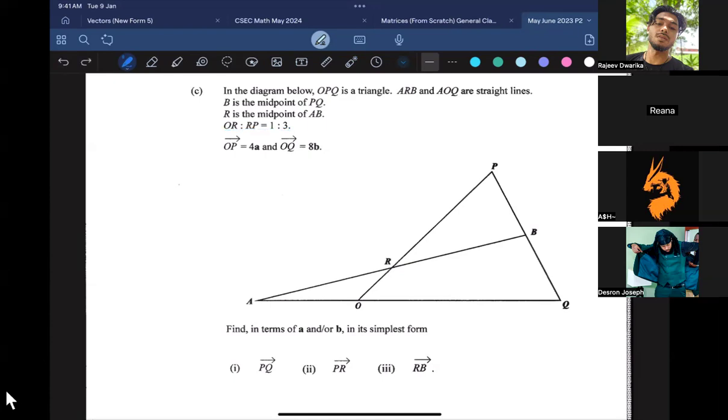Let me say I'm dealing with a scenario. This means that for every 20 students, I have one teacher. That's what a ratio is. For every 20 students, I have one teacher. So for every one OR, I have 3 RPs.